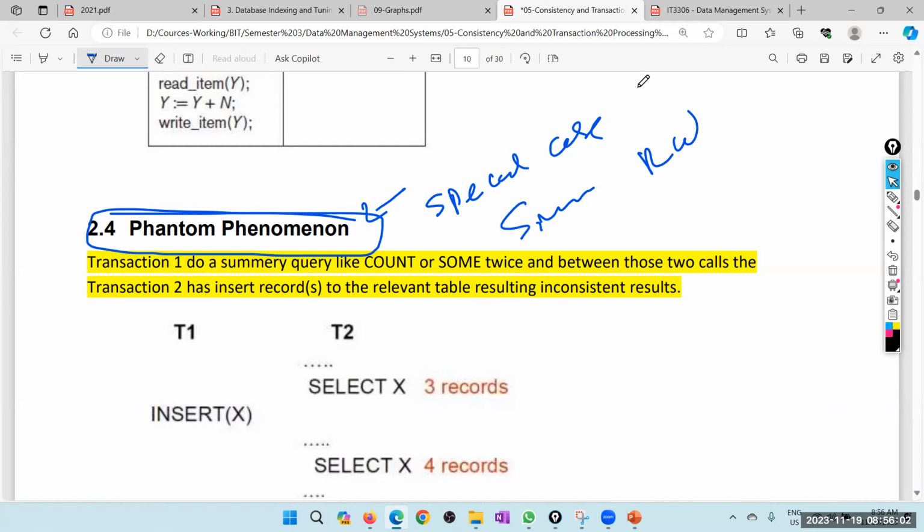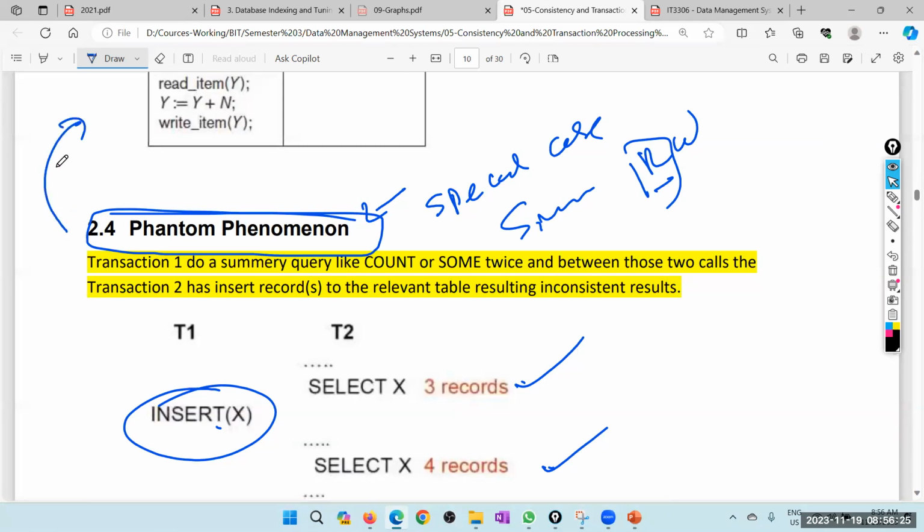The reason is, first you read the value. Then the other transaction has written. And then you read again, and there's an inconsistency. So therefore you can see that it's read, write, read again. That is why I told you that this is very related to the previous read-write issue.